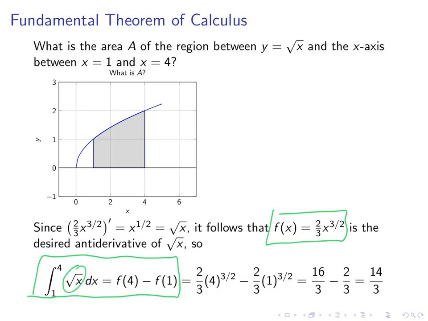This is the derivative of f, and so the answer to our integral problem is just the value of f of 4 minus f of 1, so we can plug in 4 and 1 and subtract, and we get 14/3, which it won't be that surprising to know is 4 2/3.